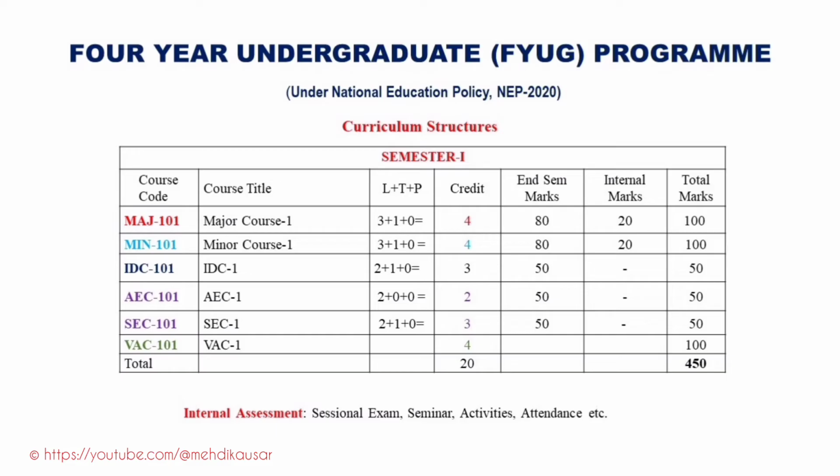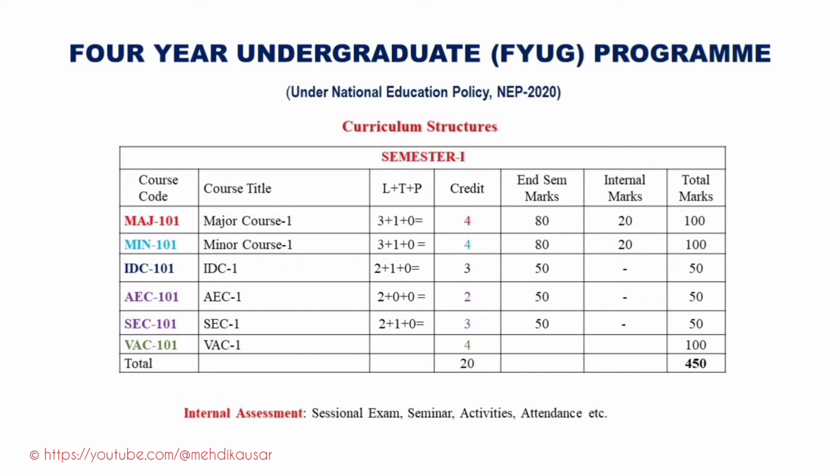Now, let us see what the curriculum structure is. In a paper of 4 credits, there will be a definite number of credits for lecture, tutorial and practical, that is L, T and P. It may be L plus T plus P, that may be 3 plus 1 plus 0. Which means that there will be 3 credits for lecture classes, 1 credit for tutorial classes, and no practical classes.